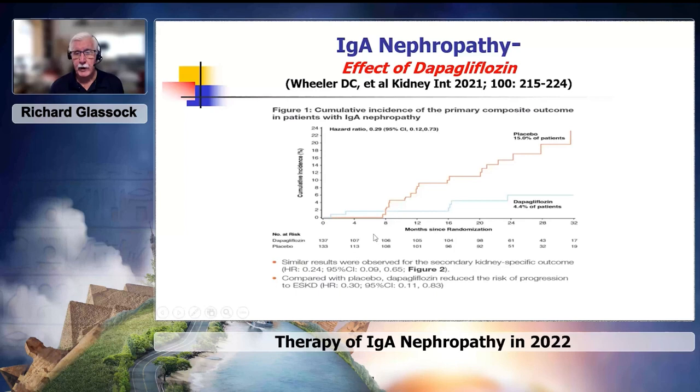But the effect of dapagliflozin on patients with IgA nephropathy, more than 270 patients randomized, was extremely impressive. 15% of placebo-treated patients developed the cumulative endpoint by 32 months, whereas only 4.4% of patients treated with dapagliflozin reached the same endpoint.